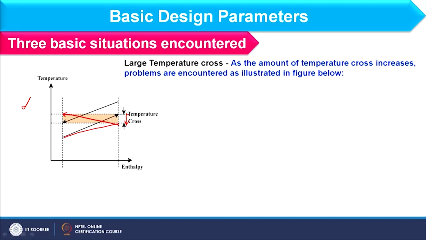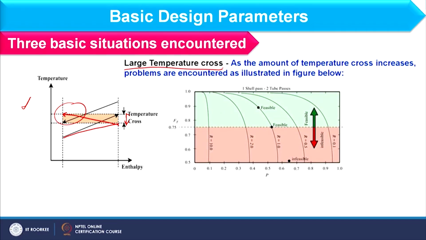Okay. So, sufficient temperature cross will be there, and this we are considering as large temperature cross. So, what will happen in that case? In that case, the FT correction factor falls rapidly and it will lie in a region of infeasible design.